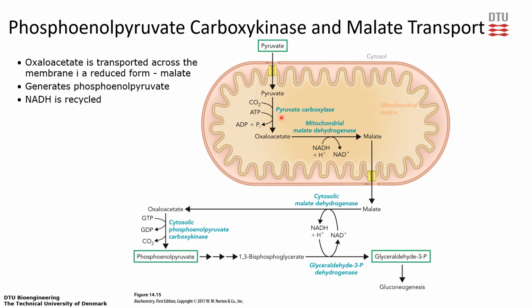So bacteria also have the pyruvate carboxylase and the phosphoenolpyruvate carboxykinase, but they have it all in the cytosol, whereas in eukaryotic cells we have the mitochondria and the pyruvate carboxylase is in the mitochondria. It's a way to regulate the mechanism again.